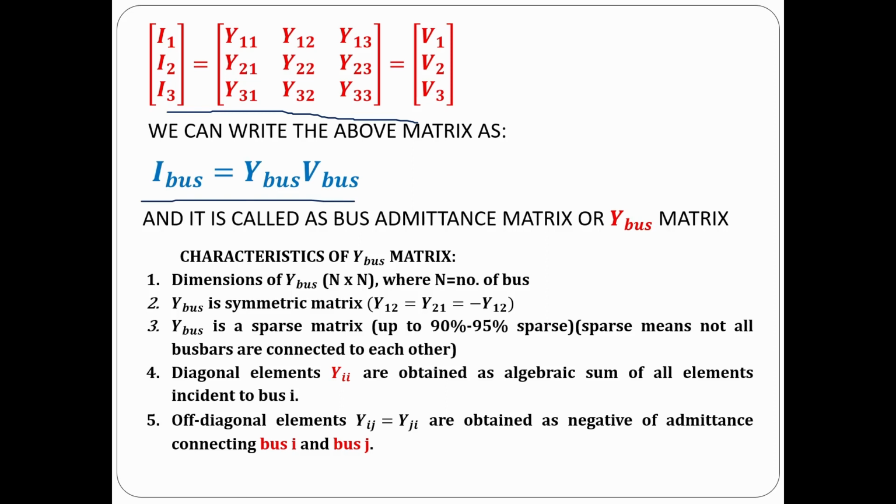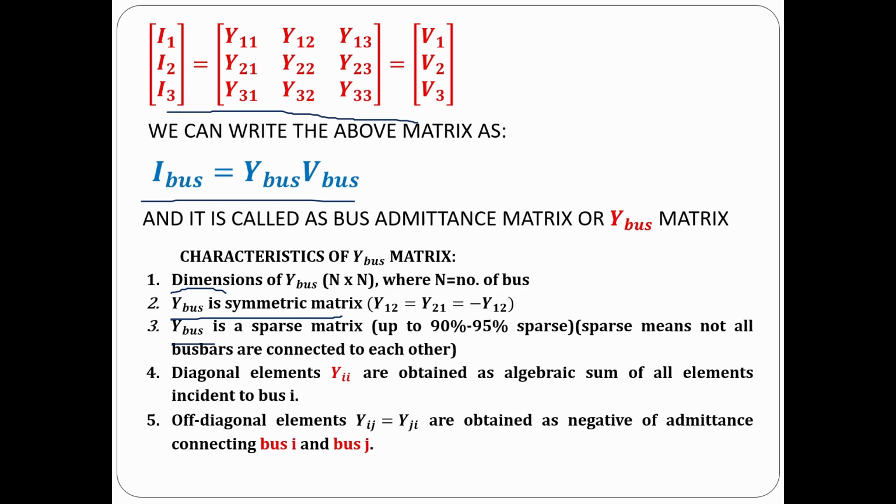Now, what are the characteristics of the Y bus matrix? Number 1, the dimension of Y bus is n by n, where n is the number of buses. Number 2, Y bus is a symmetric matrix because Y12 is equal to Y21, which is equal to negative y12. Number 3, Y bus is a sparse matrix, up to 90% to 95% sparse.